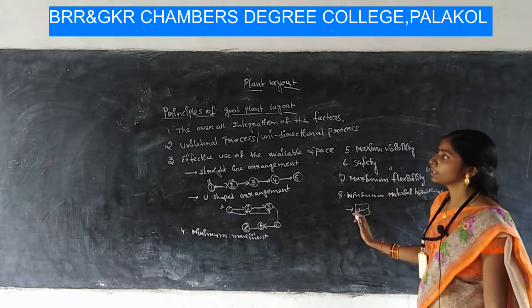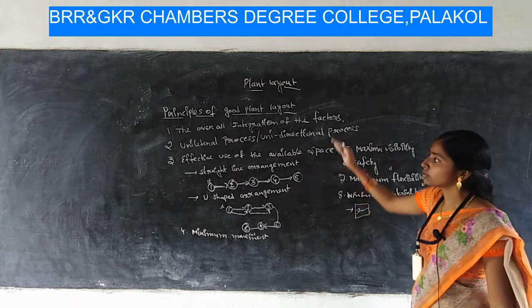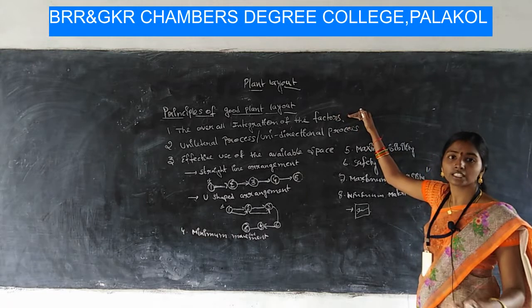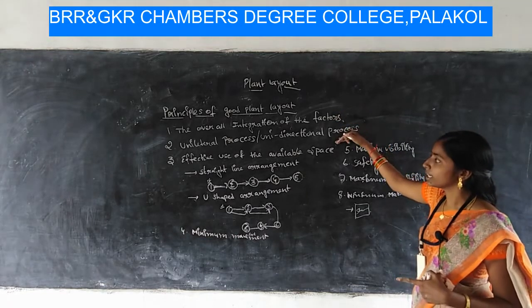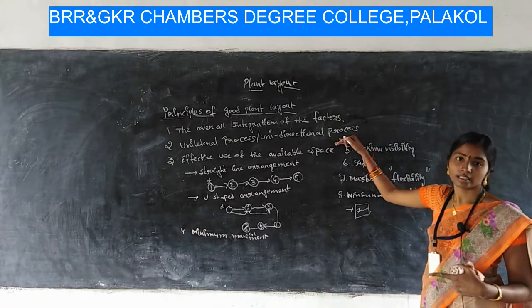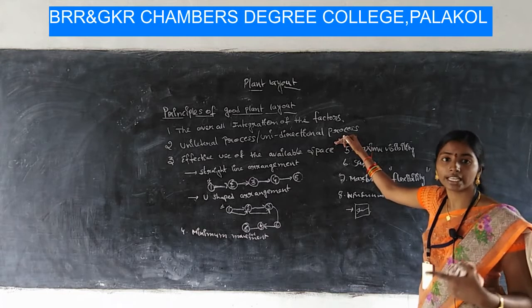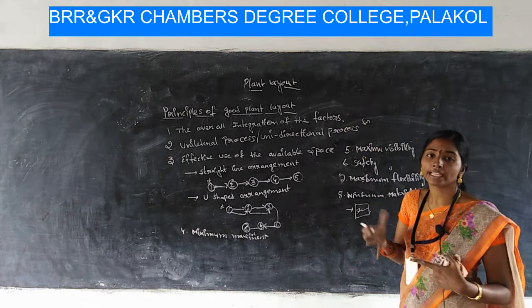So these are the principles which are kept in mind before designing the plant layout. The first one is the overall integration of the factors. All the factors should be considered while designing the plant layout. Next one, unidirectional process. While designing a plant you have to consider a unidirectional process, which means only forward movement is there, no backtracking.